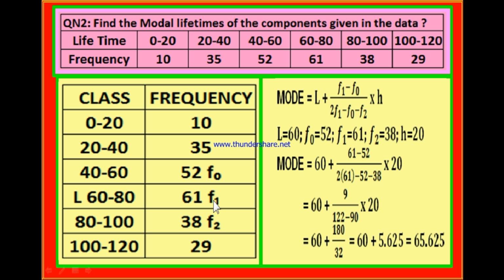And the lower boundary corresponding to F1 is L. After getting all these values, simply substitute these values in the formula where mode is equal to L plus (F1 minus F0) by (2F1 minus F0 minus F2) into H. Use this formula and calculate the mode value, very easy. Understood? The process is so simple, isn't it?